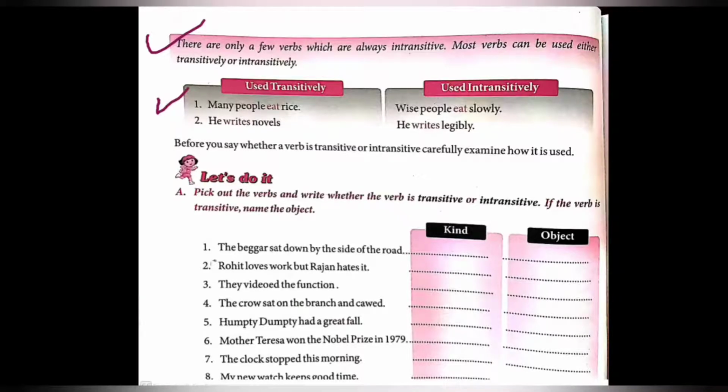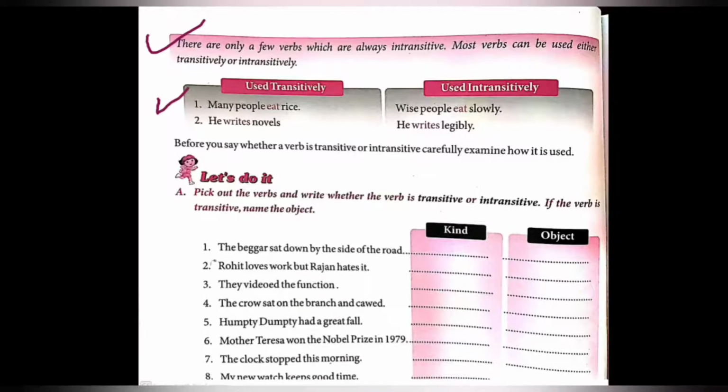Wise people eat slowly. Here also the verb is eat. In both these sentences the verb is eat. But in the second sentence there is no object. Here there is no need of an object.